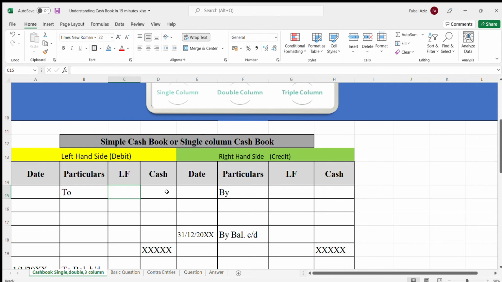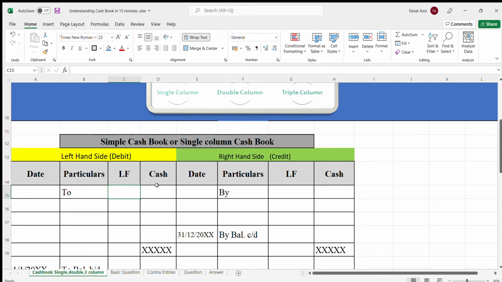Why do we call this cash book a single column cash book? Because we have only one cash column on the left side and one cash column on the right side. So we can say that a single column cash book contains only the cash transactions done by the business.